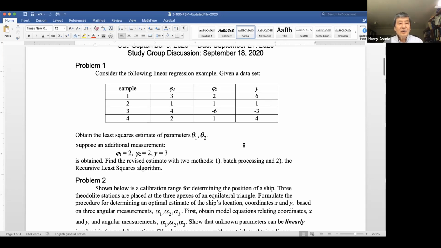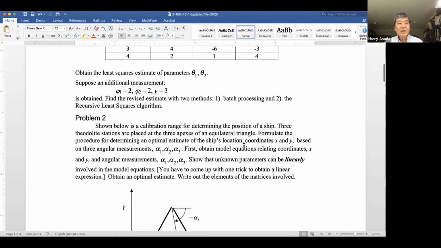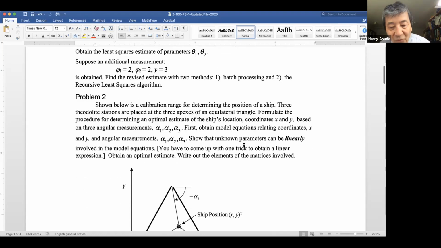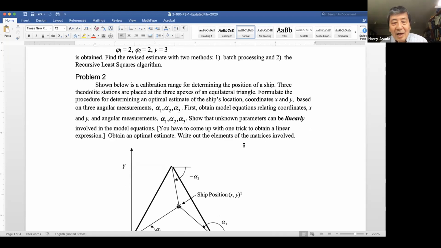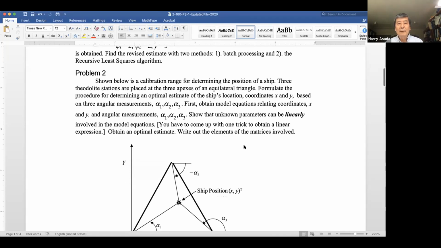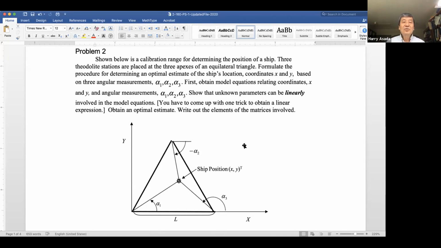Okay, the following problem 2 and problem 3 are slightly more challenging. And this problem 2 is actually kind of a robotics problem or ocean engineering problem.